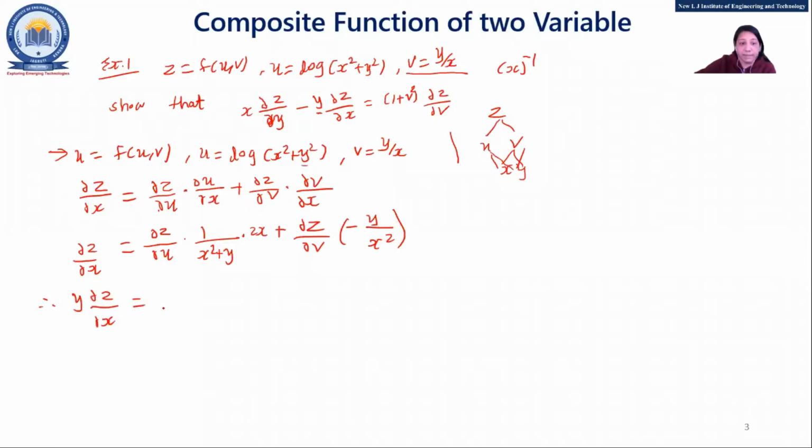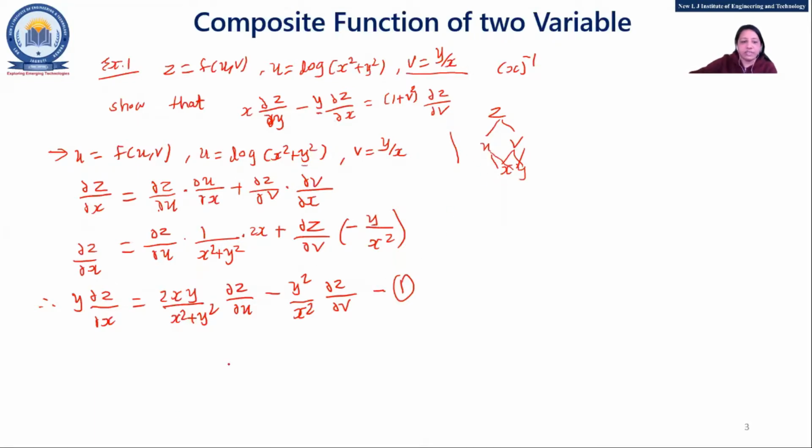Here, x square plus y square, so we get 2xy upon x square plus y square, with that del z by del u, and the minus becomes minus y square upon x square, and that is del z by del v. So this is the first equation of LHS. We'll give a number to that.